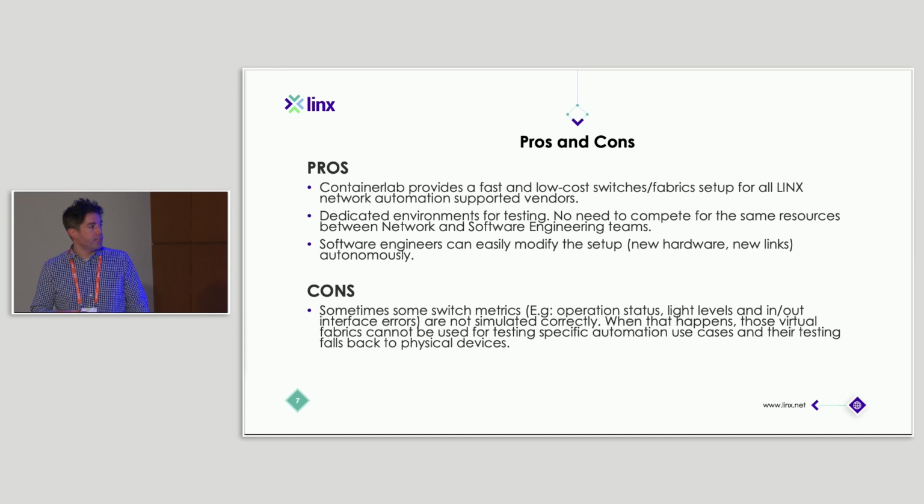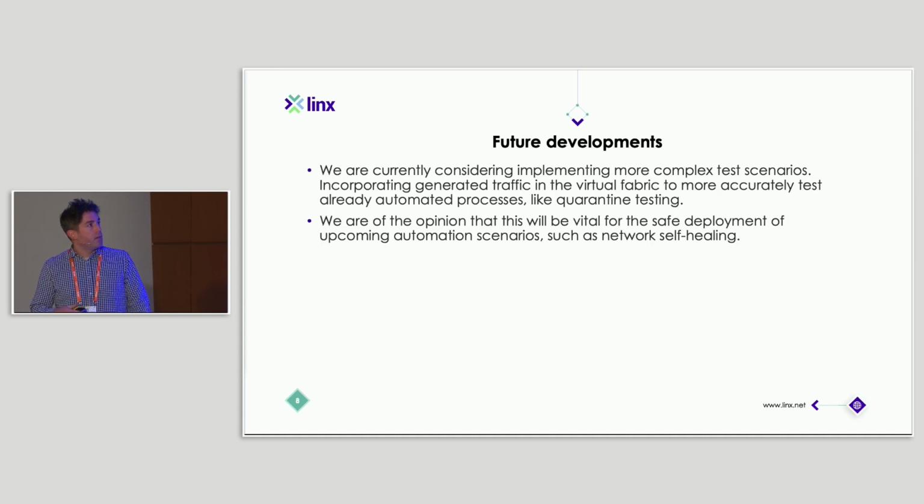the testing use cases. And future developments, we're interested in, as you saw basically in the UAT LAN, to actually start testing a little bit more complex test scenarios, so generating traffic between the switches and being able to test automated processes like quarantine testing that we already automated as part of the self-service Portal.